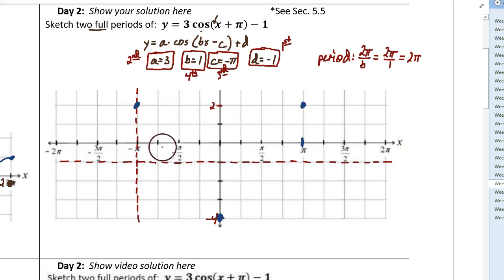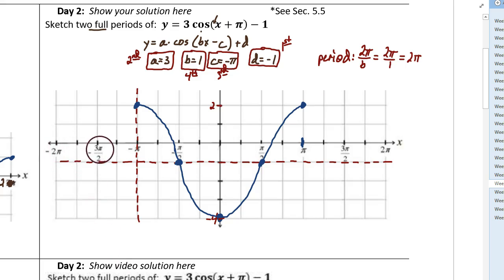Halfway between this mark and this mark is where you're crossing through the axis. But remember, we're crossing through our new dashed line axis, not the x-axis. And similarly, halfway between here and here is where it's crossing through the axis. So here is the curve. This is 1 period of the curve.